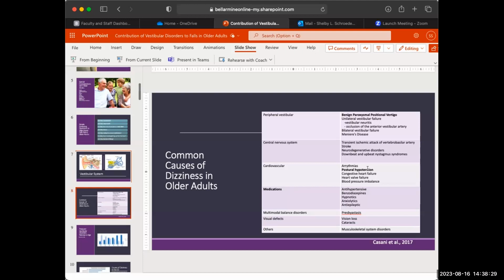Postural hypotension is the second most common cause of dizziness in older adults, and then medications. There are lots of medications out there that can cause dizziness, and some of them are listed here. Also, changes in vision and musculoskeletal system can cause dizziness as well.